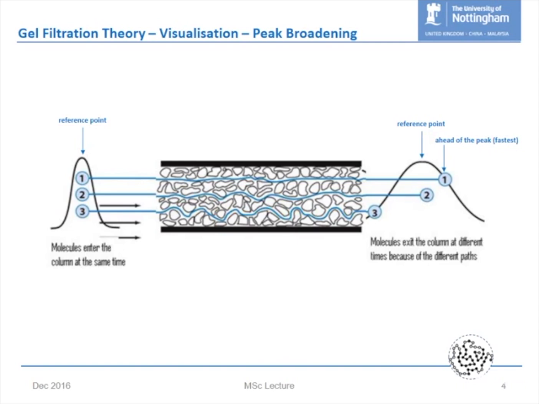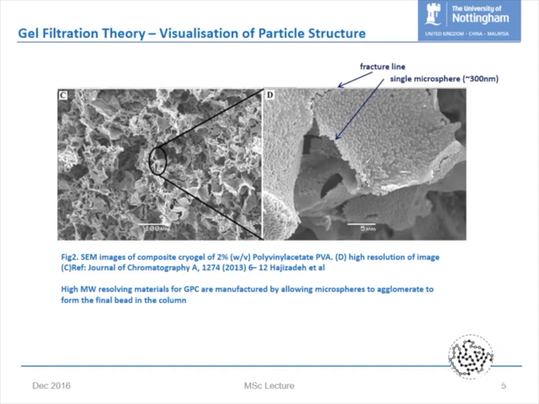Another mechanism is something like this, different path length. Probably the worst type is if you have any channeling in your beads. If your beads aren't hexagonally close packed and you've got void volumes in there, then the flow will go through those, and that is also called broadening. So broadening is something that we try to minimise as much as we can.